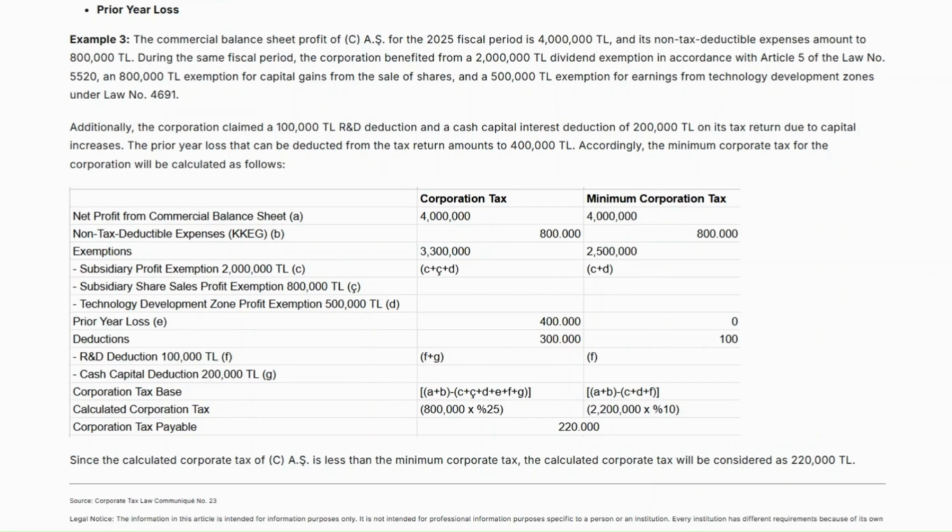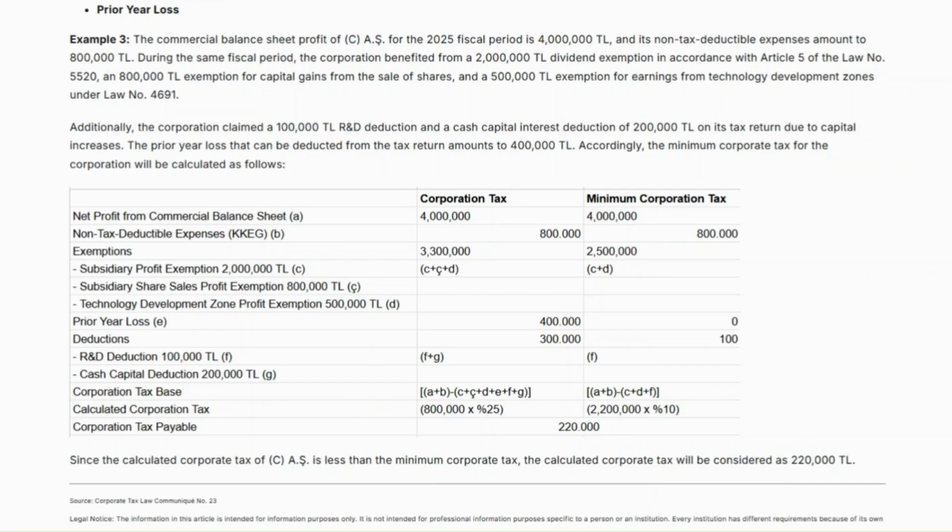This amount is not collected due to the incentive, and the remaining 2 million is subject to the general tax rate of 25%. The total calculated tax combines the reduced tax and general tax amounts here, and minimum corporate tax is calculated at 10% of the base without some exemptions.